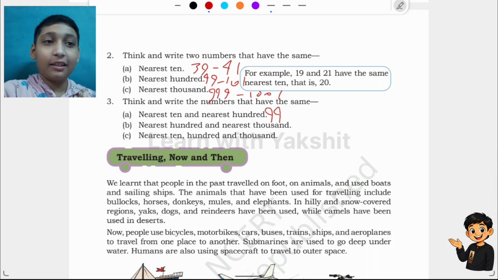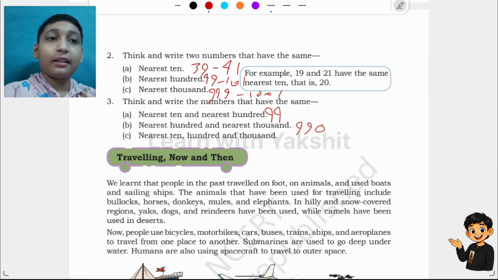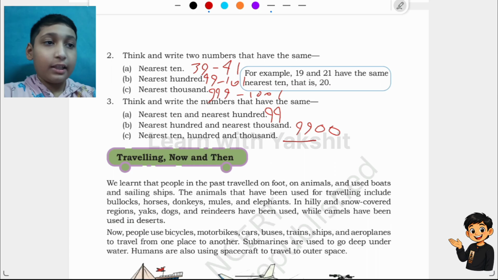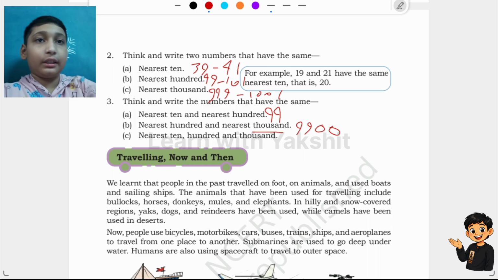Next one is nearest 100 and nearest 1000. Now we can do this by using this. If that counts, right? That actually counts, yes. If you are making the nearest 100, make a 0, fill these two with a 9, it is the most 1000.